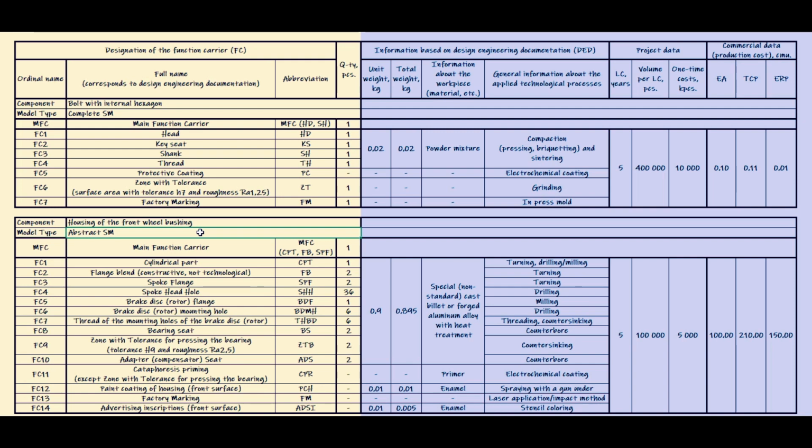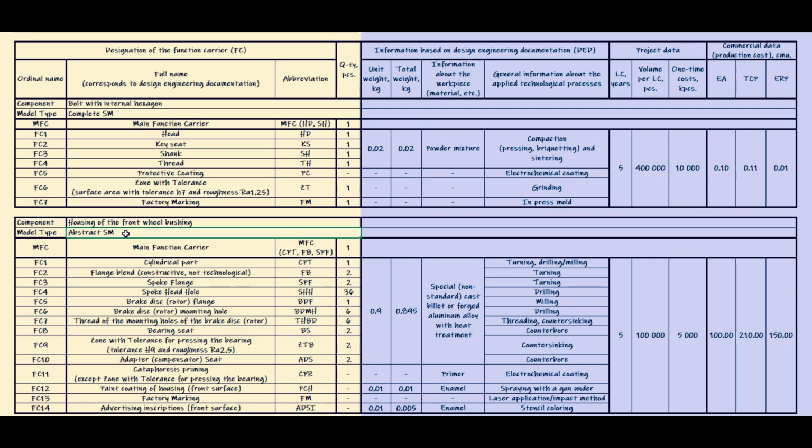Let me explain why the voluminous and at first glance comprehensive structural and functional models of the front wheel bushing are abstract. In addition to the definition of a complete model given in issue number 7, object of analysis, decomposition, formulation of functions, the following definition can be given.